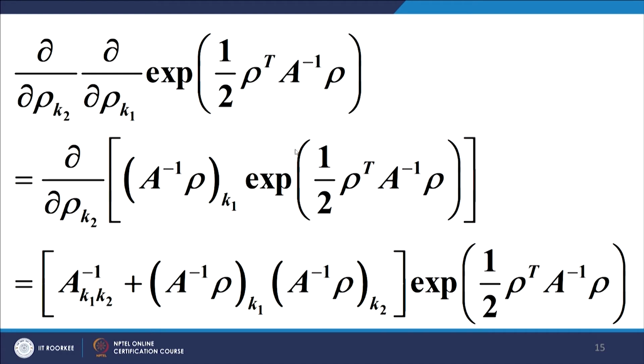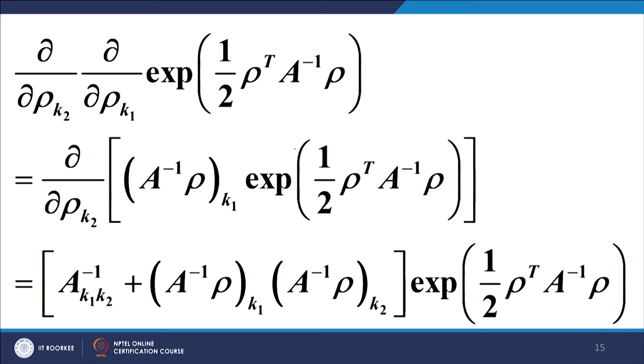Let us look at two differentials, rho k1, rho k2. Rho k1 result we already have with us. So, we differentiate this again with respect to rho k2. Now, when you differentiate this with respect to rho k2, what do I get? I get an expression similar to the previous case with respect to k1, and I get the expression with respect to k2.